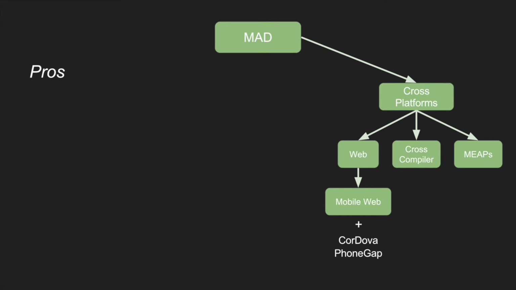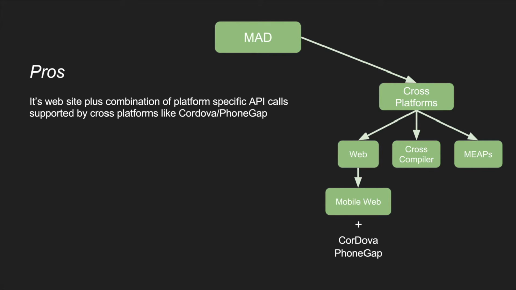The advantages of this methodology are that it is a combination of website development and the platform specific APIs provided by Cordova and PhoneGap. Definitely there is a smaller learning curve involved because anybody who has done a bit of mobile web development or web development can get started with the cross-platform mobile web approach as well.